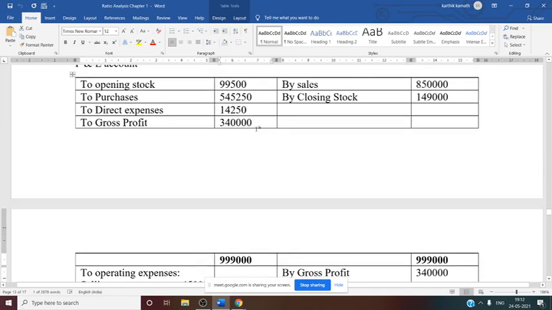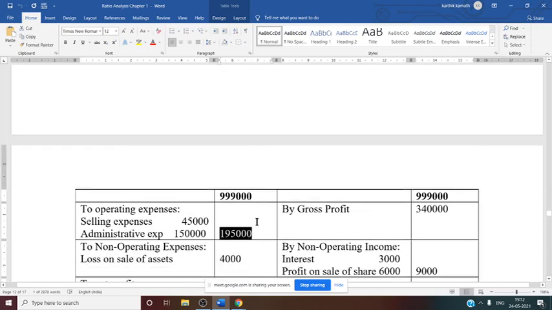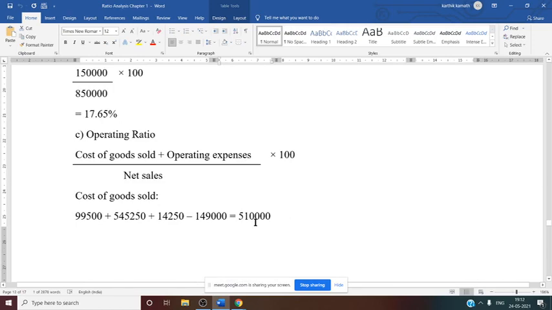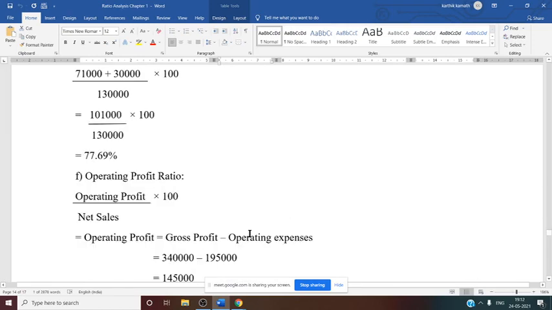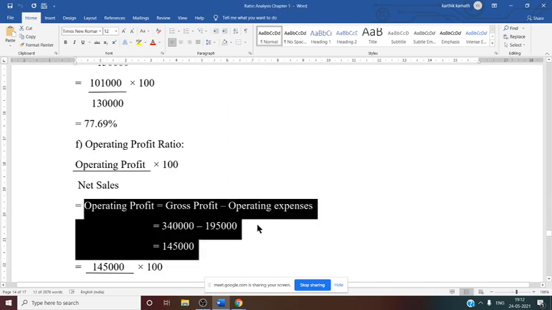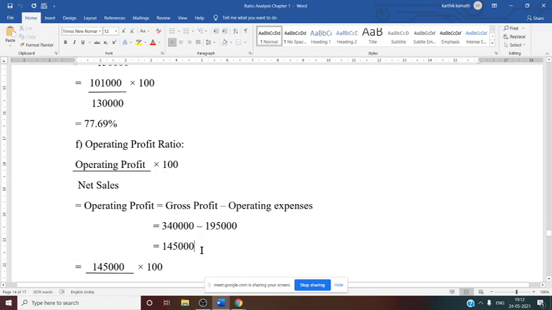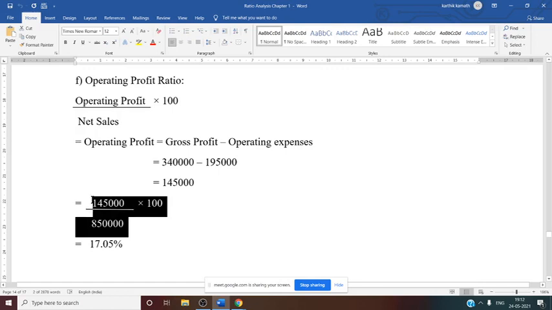So now 3,40,000 minus 1,95,000. What is the answer for operating profit? That is 1,45,000. Why are we deducting expenses? Because if you deduct the expenses from the gross profit, you get the ultimate result, that is operating profit 1,45,000. Now net sales, we know, is 8,50,000.